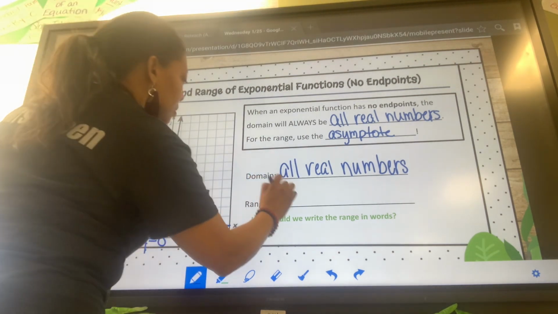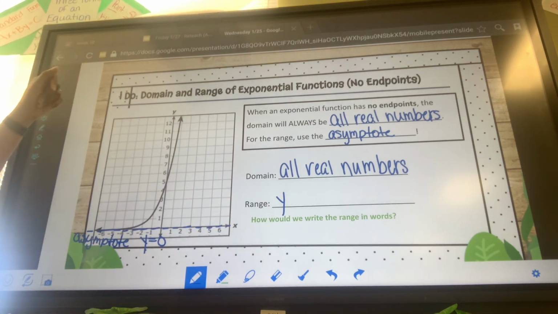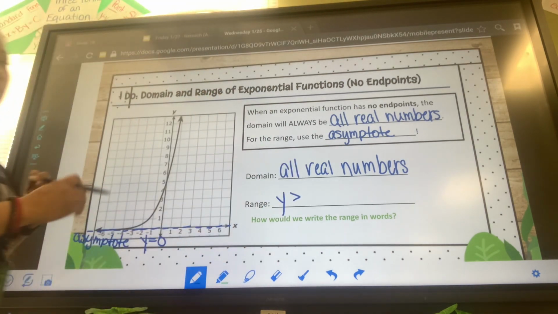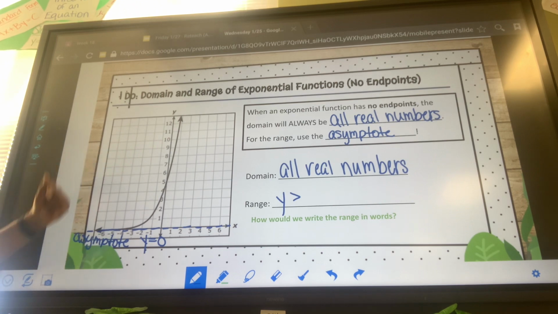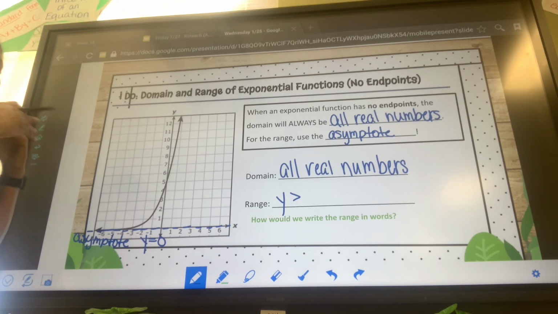Okay? So our range is going to say y. But since it's going up, that means it's going in the greater than direction. So we need a greater than, because it's greater than the 0. Now, does it equal the 0? No, it doesn't, because it doesn't touch the line. It's an asymptote, remember? So it looks like it's touching it, but it's really not. It's just very close, but it's not touching.